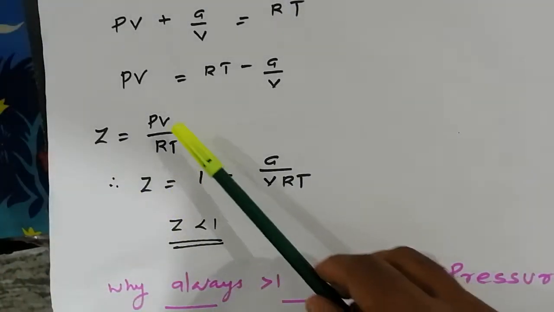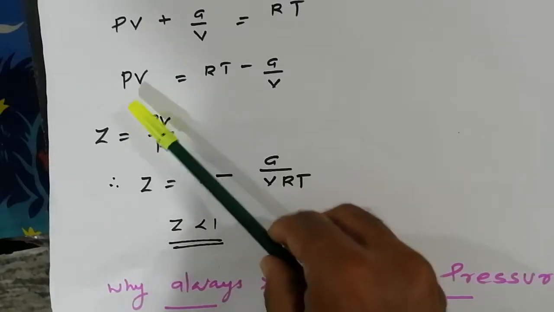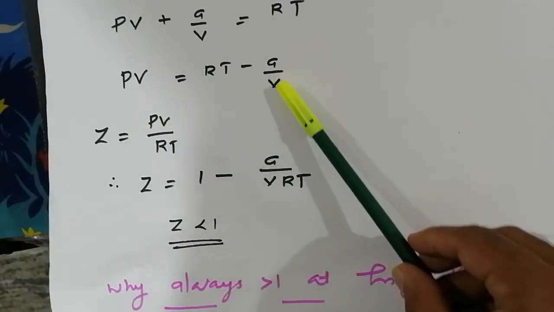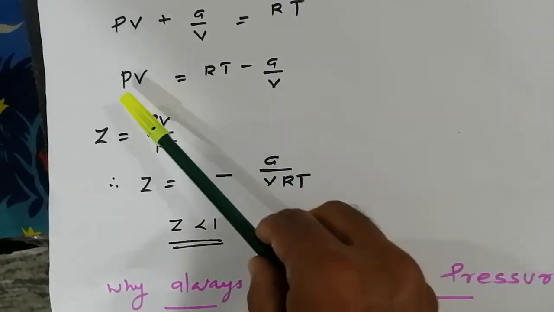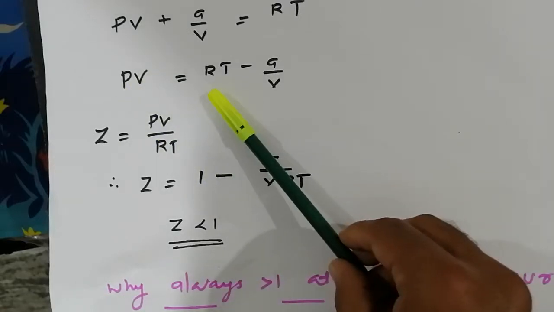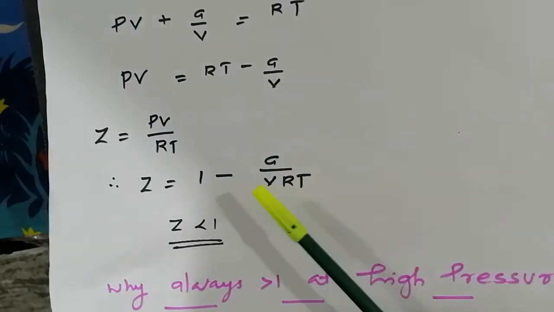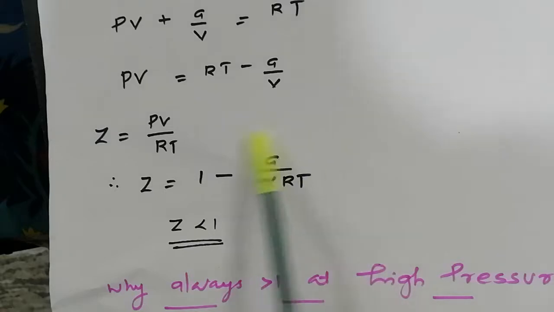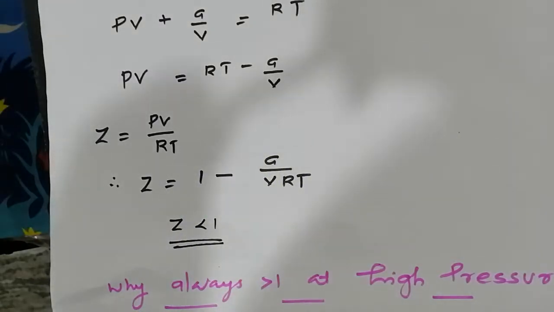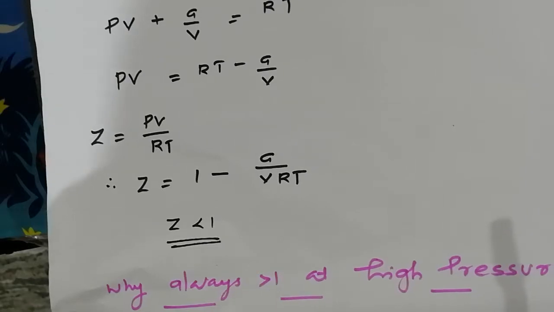Therefore, you divide by RT here, A by V RT. Therefore, Z is equal to 1 minus A by V RT. In this case, Z is less than 1. Therefore, at low pressure, it shows less than 1.